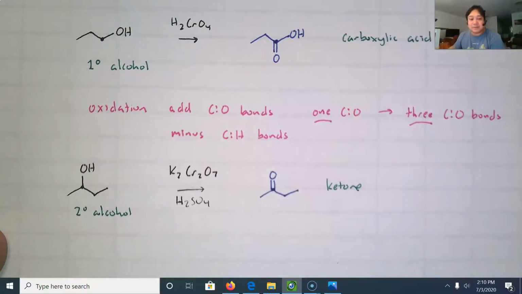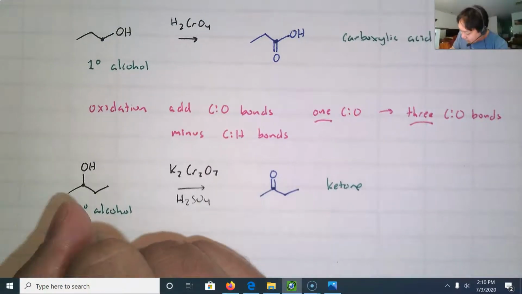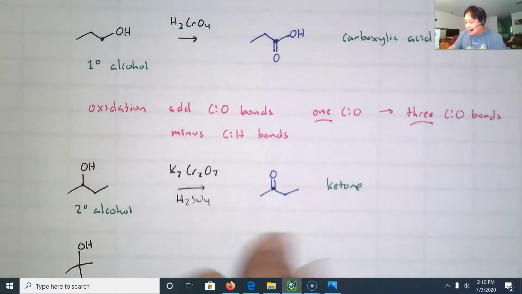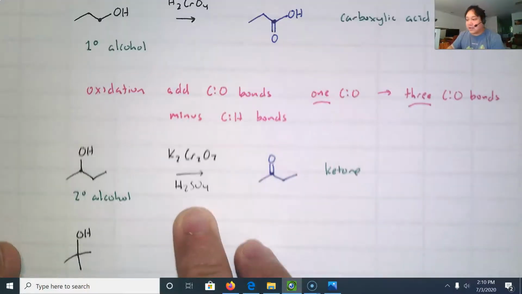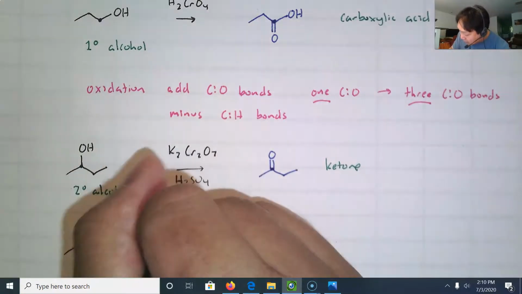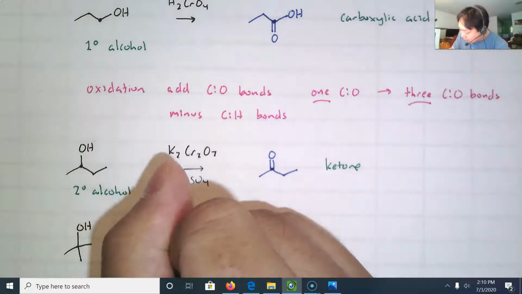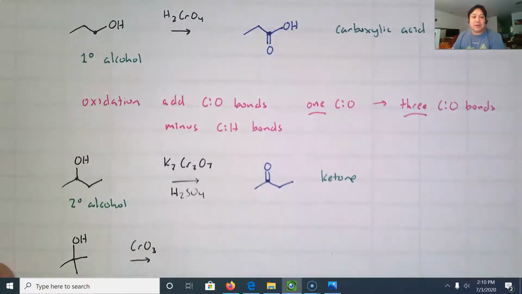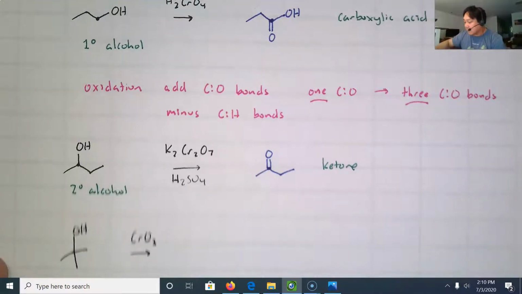What about tertiary? Another way that we could show Jones oxidation is just plainly CrO3. So on the screen we have 3 ways to represent chromic acid oxidation. Any of those 3 ways is perfectly fine with me.